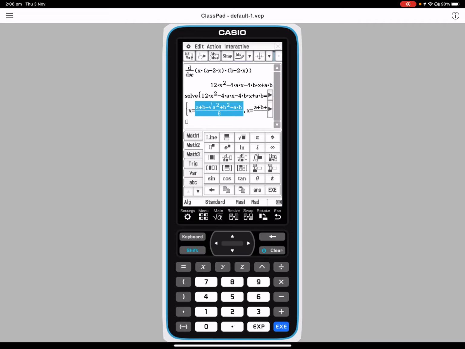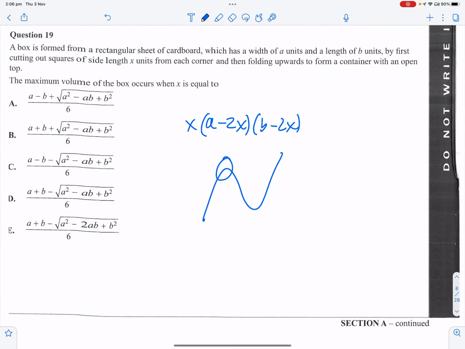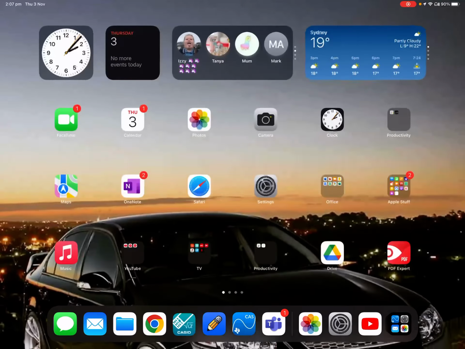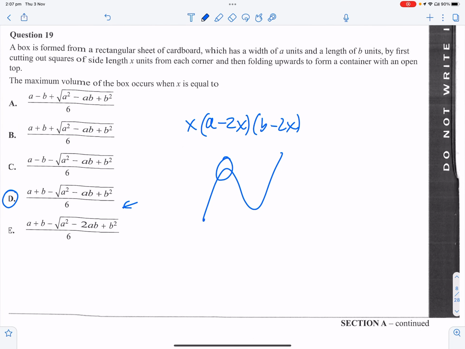So we know it's got to be that value, which is a plus b minus. What's the difference between these two? We don't want the 2ab, we just want the ab.